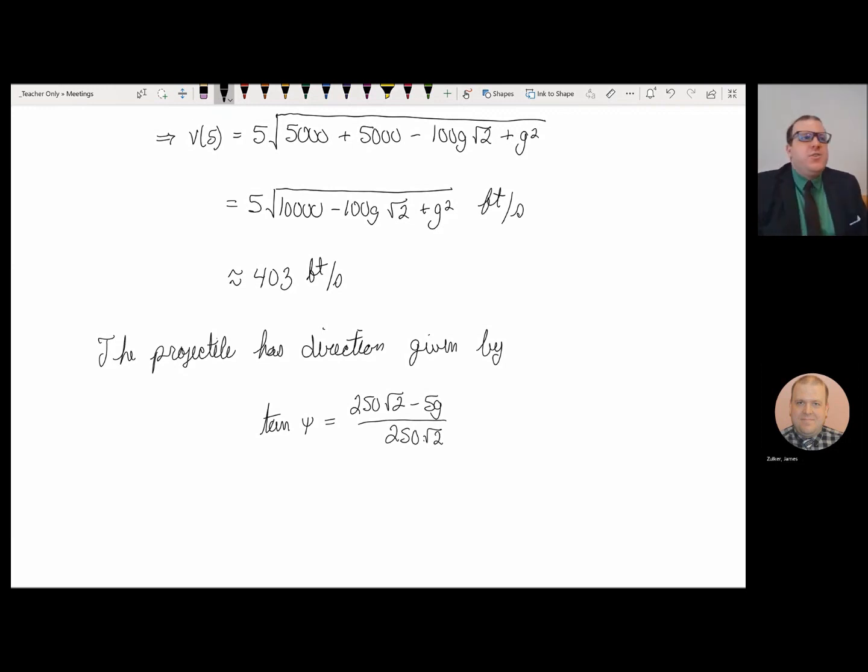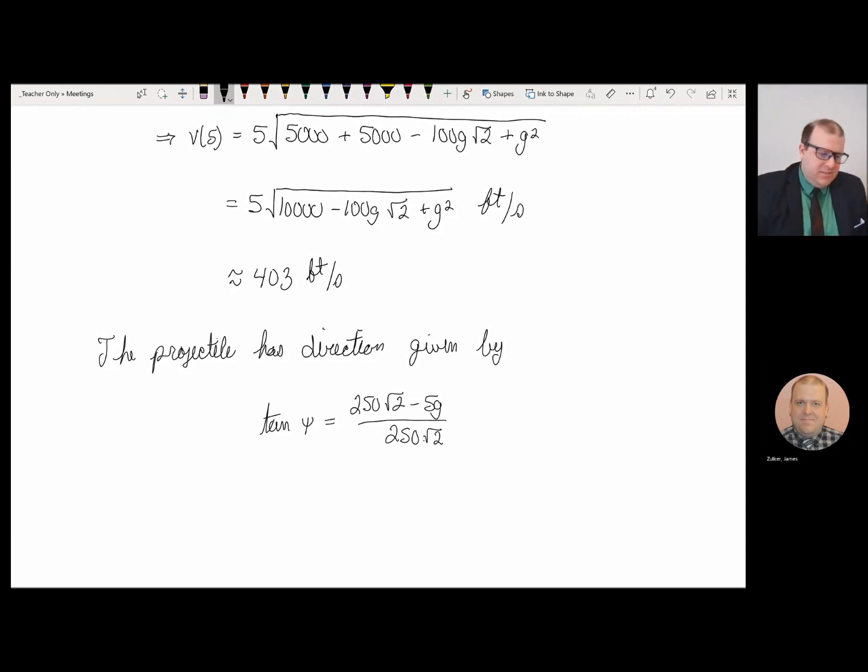Direction will be given by tangent of psi is (250 root 2 minus 5g) over 250 root 2. You just take the y component of the velocity at 5 seconds divided by the x component of velocity.